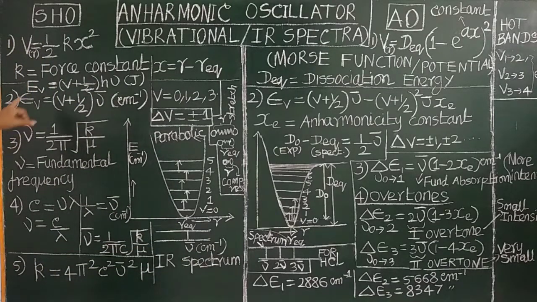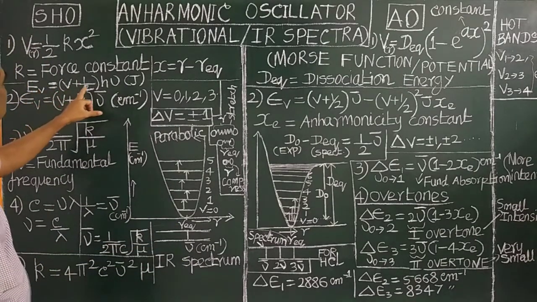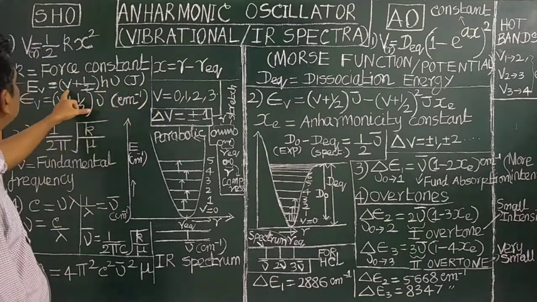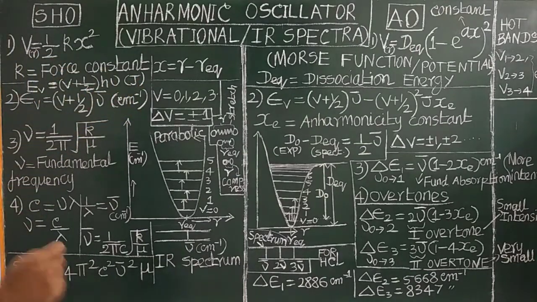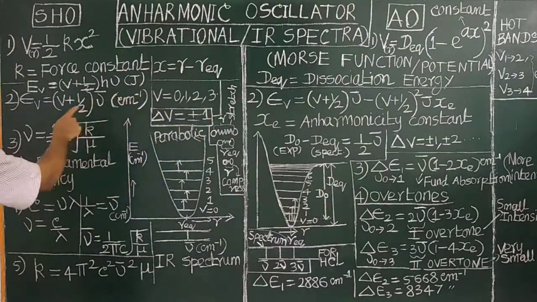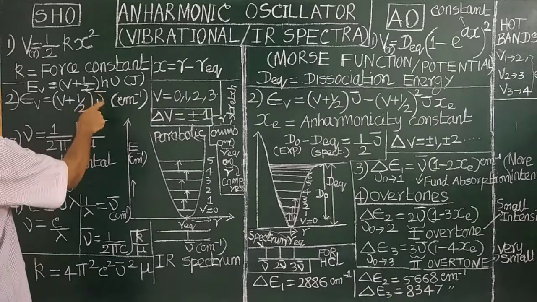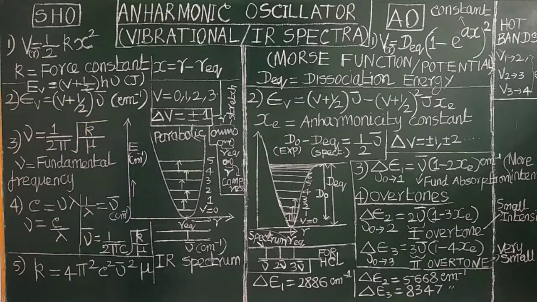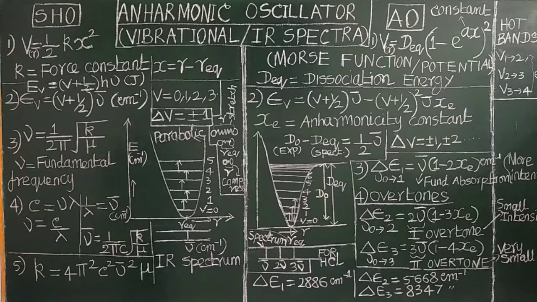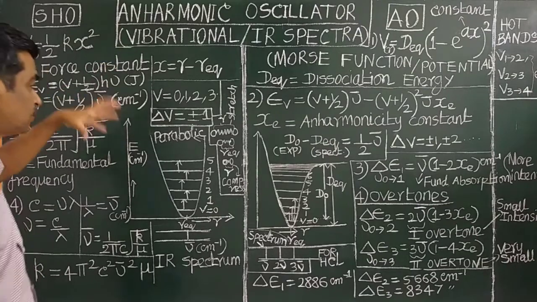Remember, E_v equals (v plus 1 by 2) h nu, where nu is the fundamental frequency of vibration and v is the vibrational quantum number 0, 1, 2, 3, etc. Vibrational or IR spectroscopy is expressed in terms of wave number. I showed earlier how to convert this.